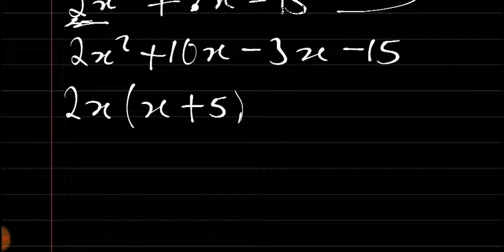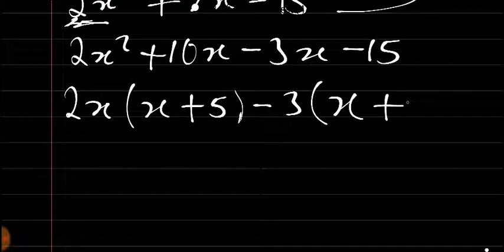You can't take an x out because there's a constant here, it hasn't got an x term, so it won't work. But we can take -3 out, and we're going to then divide -3x by -3, where dividing a minus by a minus is going to give a positive answer, so we're just going to have x, right? And -15 divided by -3, again, going to give positive, so it's going to be +5.